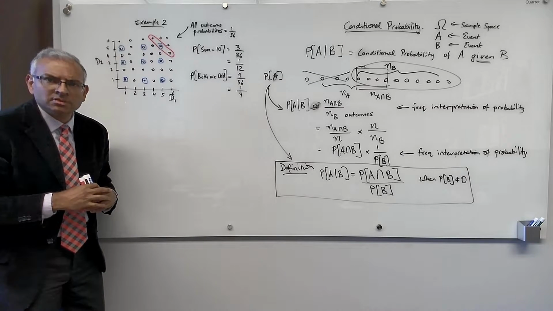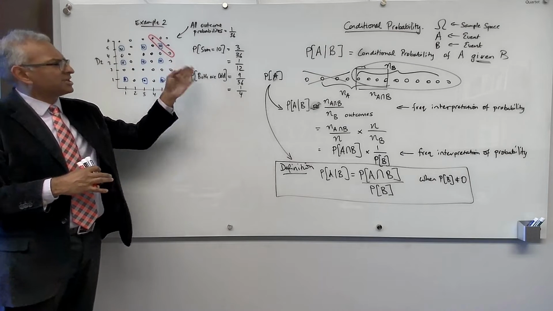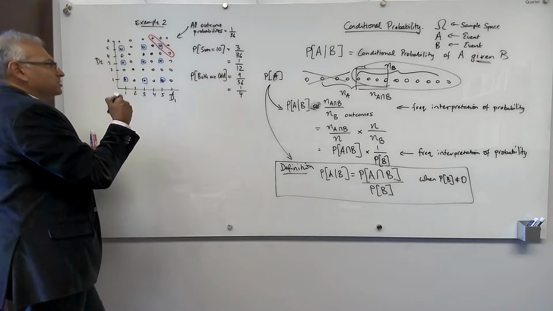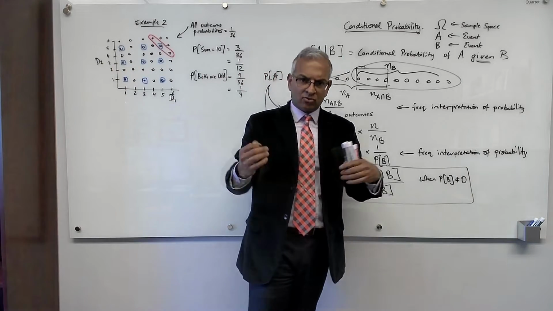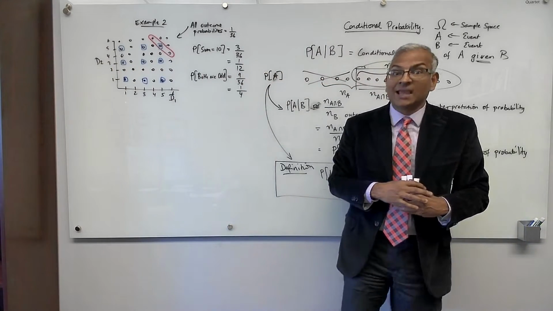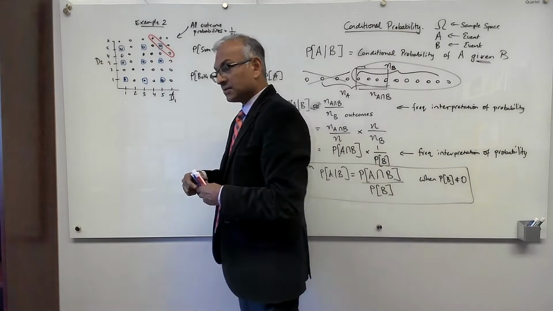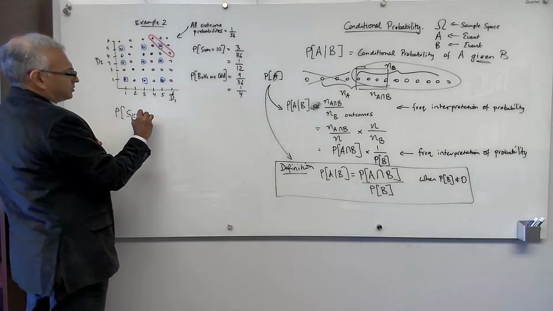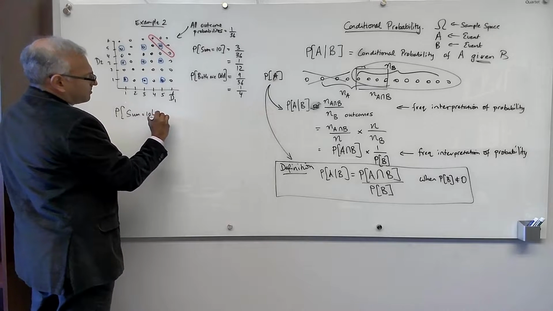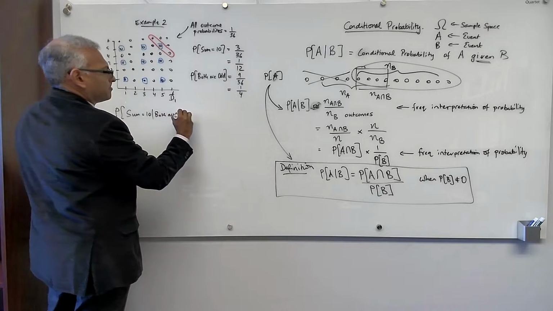Let's compute the conditional probability that the sum is 10 given that both are odd. So if I'm now interested in the probability that the sum is 10 and I've rolled a pair of dice, and I tell you that both are odd, that's new information. So the probability that the sum equals 10 given that both are odd.